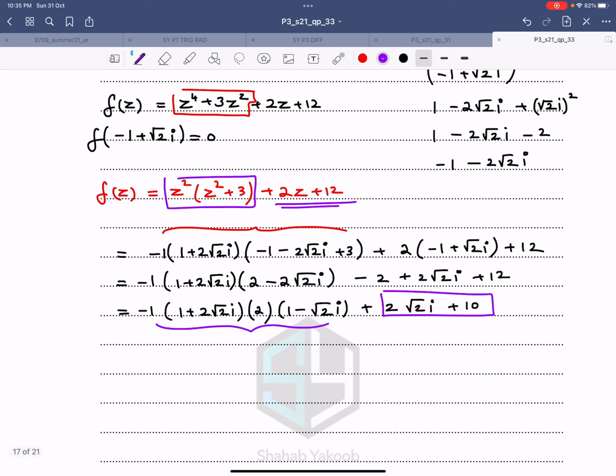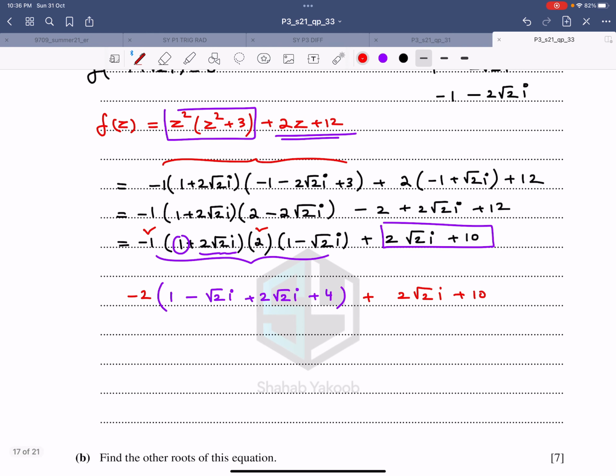When I multiply it out, it is too much algebra. 1 into 1 is 1. 1 into this thing is minus root 2i, and 2 root 2i into 1 is 2 root 2i, and this thing into this thing: root 2 times root 2 becomes 2, and 2 times 2 becomes 4, so that is minus 4i square, which becomes plus 4. And do not forget this minus 1 and this 2: negative 2 on the outside, and this is 2 root 2i plus 10.